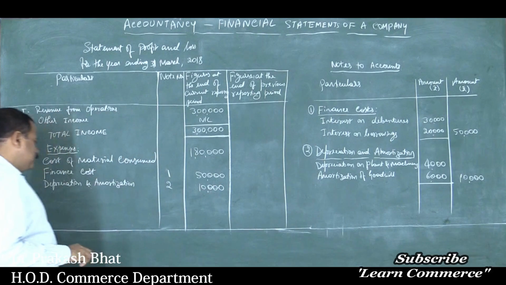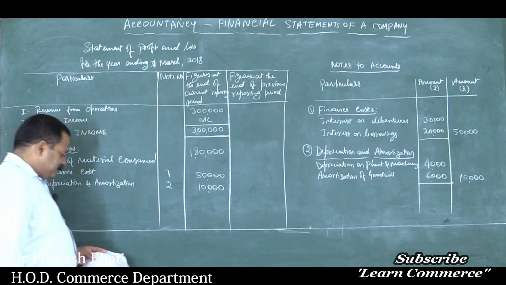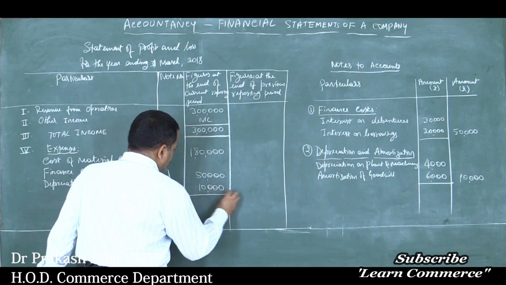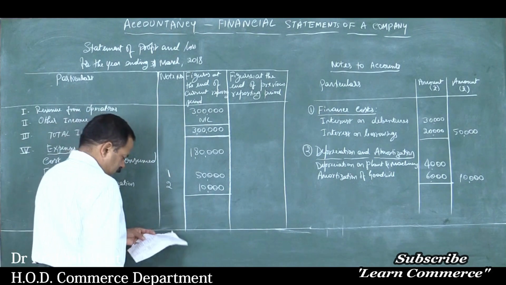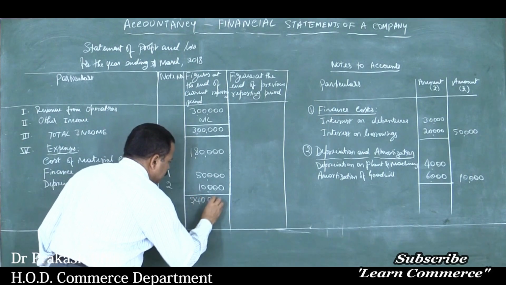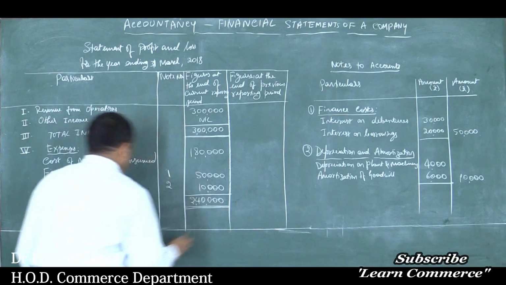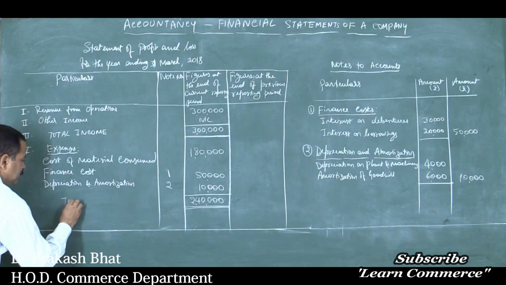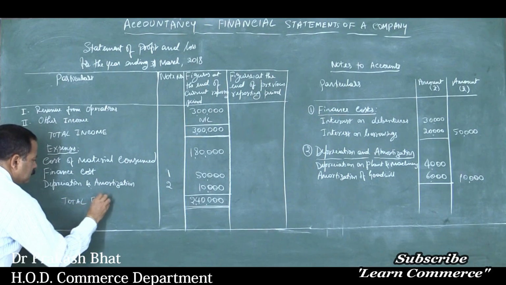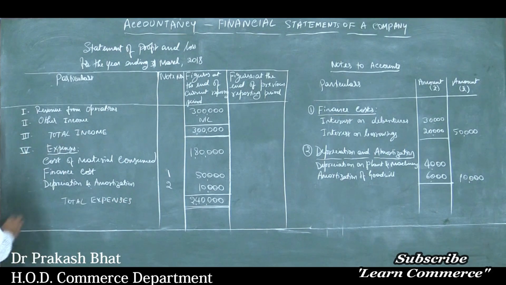Then what else? Total expenses, that's all, no other expenses. So write the total of this. So 2,40,000, is that correct? Yes. 2,40,000 total expenses, Roman number 5.